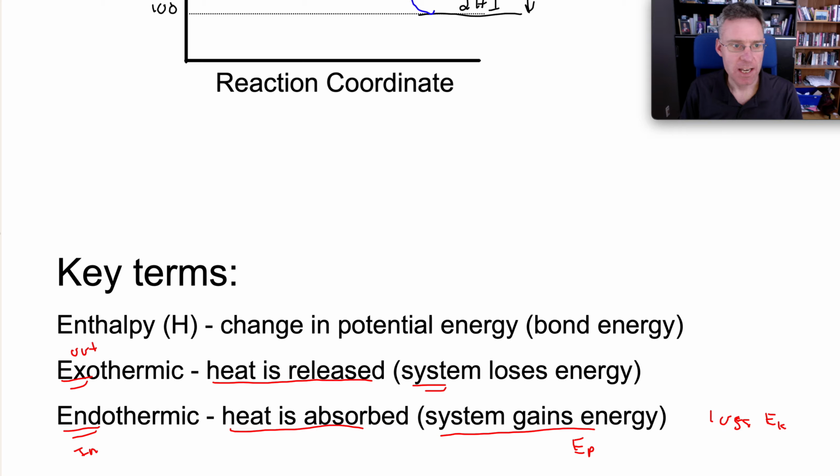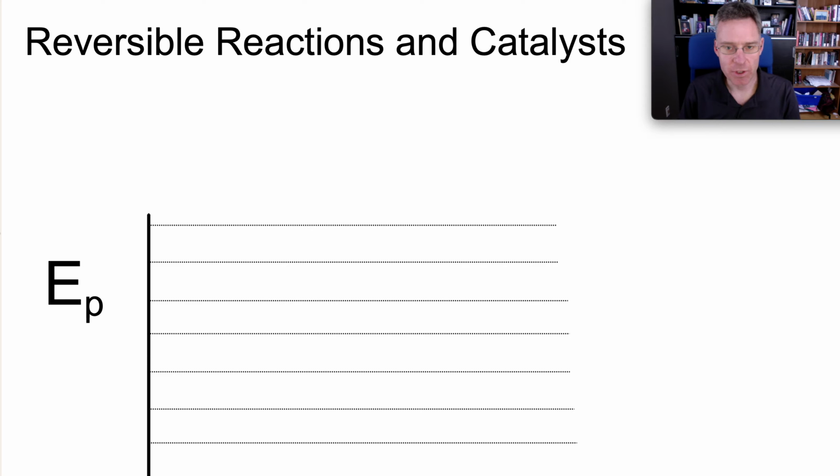Next we'll look at reversible reactions and what catalysts do to reactions. I'm just going to use a generic reaction for this second slide. Imagine there's some chemical AB, and it's going to decompose into, let's say these are diatomics, a couple of A's and a couple of B's, so we need two of that.